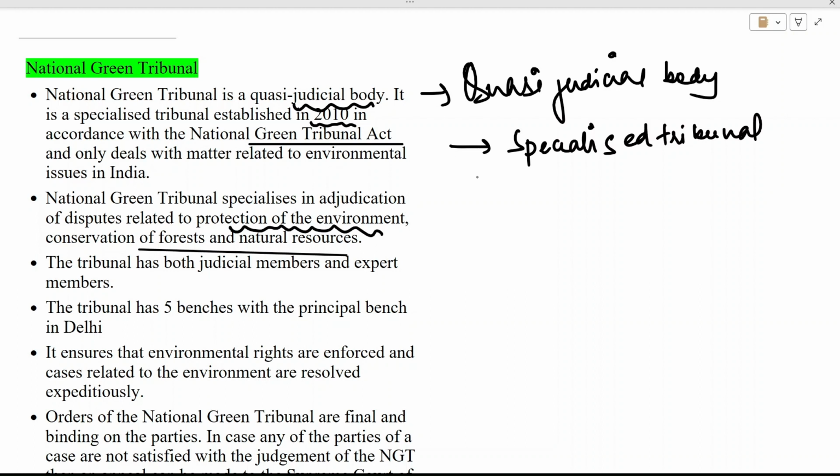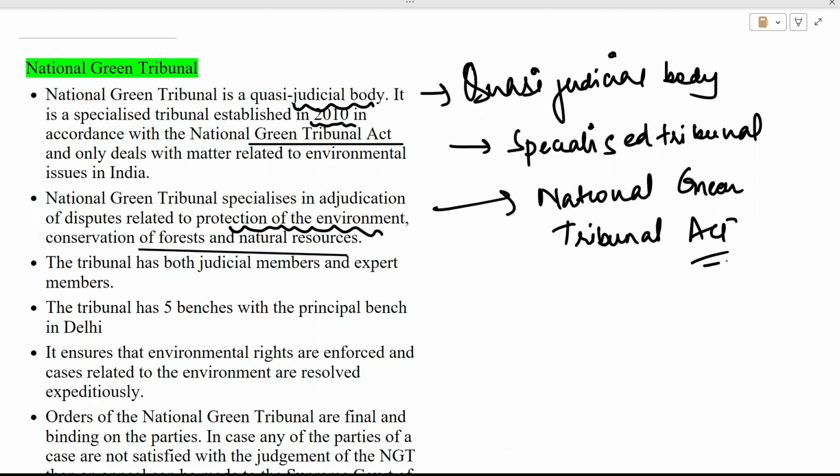So the law that governs the NGT is the National Green Tribunal Act. I had told you in the beginning that every tribunal derives its authority from some law. So NGT derives its authority from the National Green Tribunal Act. This is the act which has established the NGT.